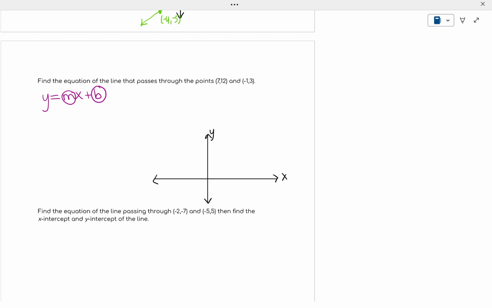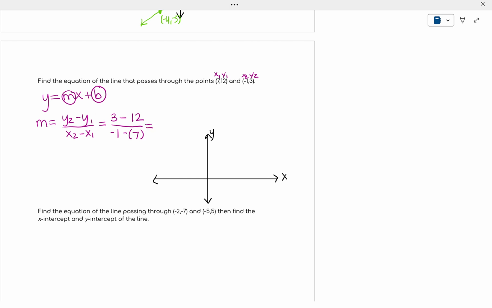And so we can follow the same process as the previous example for m, so m equals y2 minus y1 over x2 minus x1, x1, y1, x2, y2. y2 is 3 minus y1 is 12. x2 is negative 1 minus x1, which is 7.